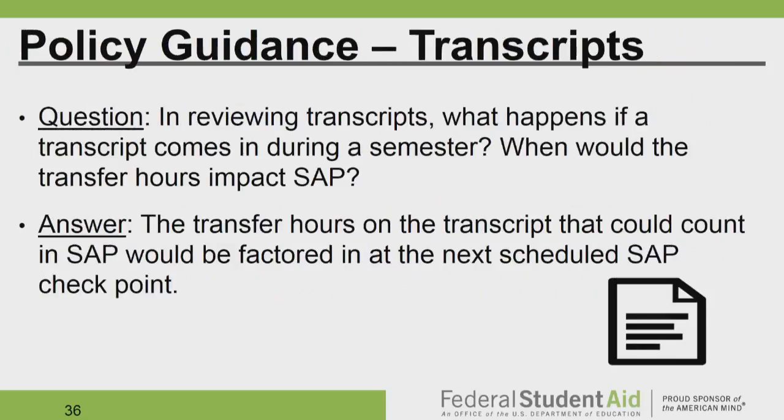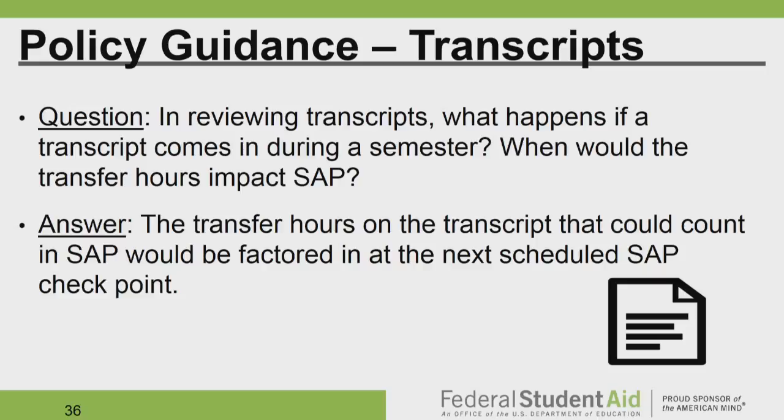And then finally, we've had some questions around transcripts, those wonderful transcripts, right, that just pop up all over the place, but never when you actually would like them to. So what happens when you get that wonderful transcript smack dab in the middle of a payment period or a term? And maybe it doesn't look so good. And you're like, oh my gosh, I've already given them all the aid for this term. What do I do?